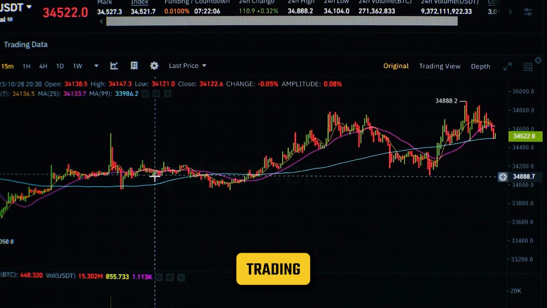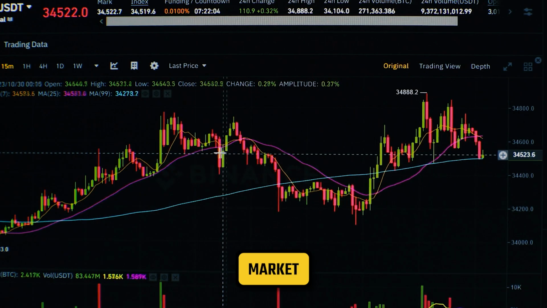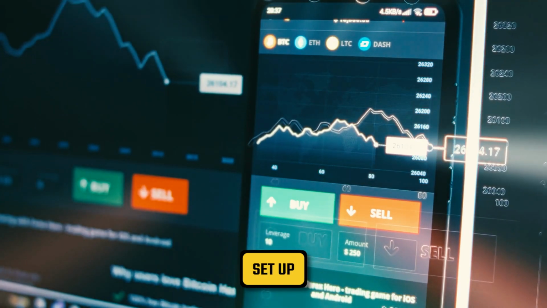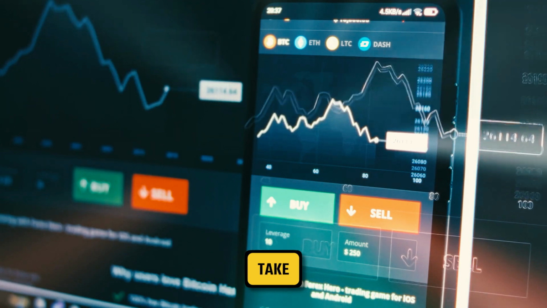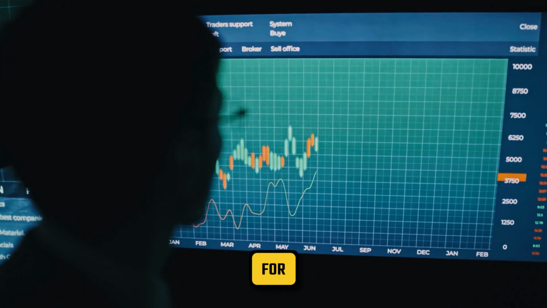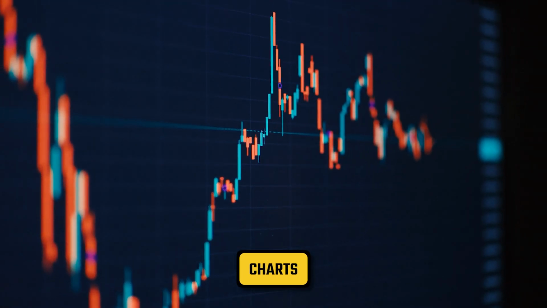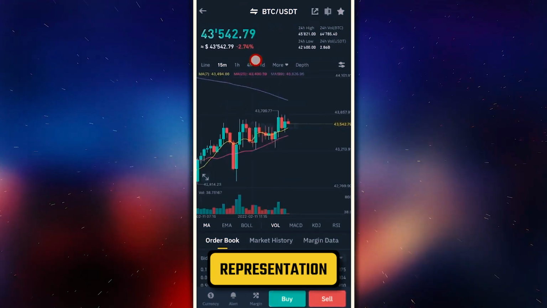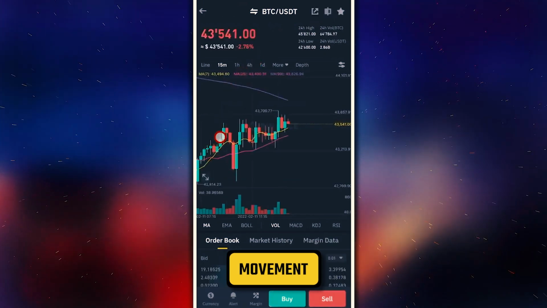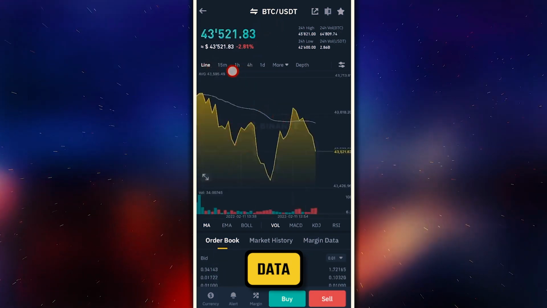So, trading charts are important tools for a trader involved in the cryptocurrency market. But before I teach you how to set up and view these charts, let's take a quick look at what a trading chart is, why it holds such importance for crypto enthusiasts, and review some of the most common types of charts. A chart is a visual representation of an asset's price movement over time, offering traders a clear view of historical price data.